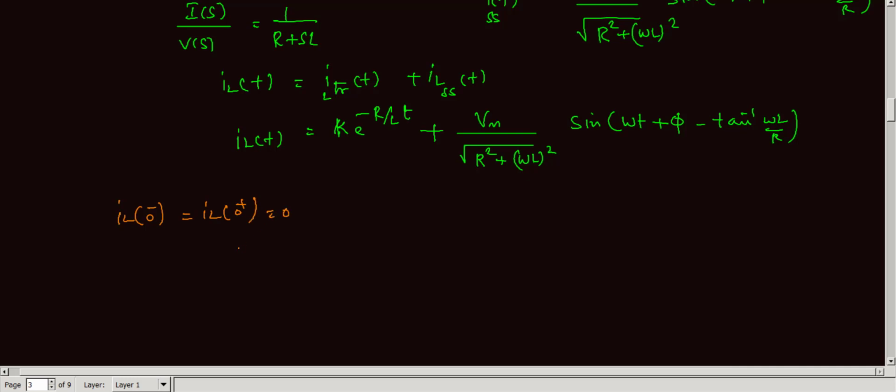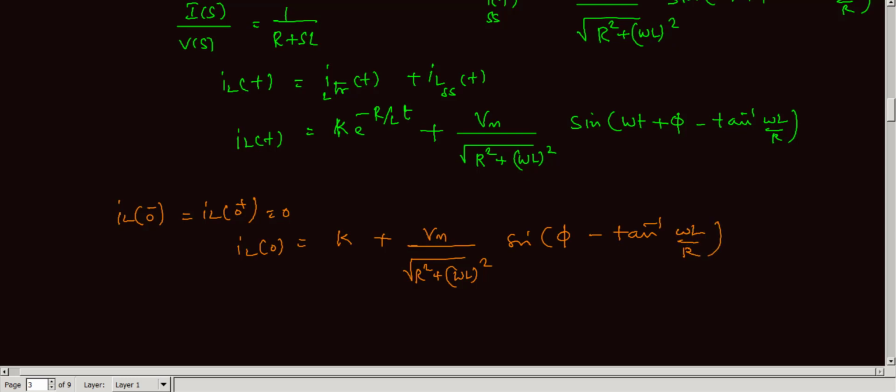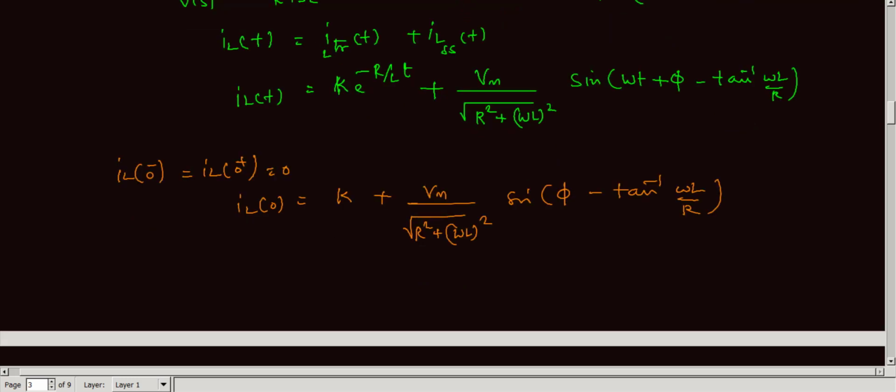So at t equal to 0, IL of 0 equals k plus Vm by root of R square plus omega L whole square sin of phi minus tan inverse omega L by R. So k equals minus Vm by root of R square plus omega L whole square sin of phi minus tan inverse omega L by R.